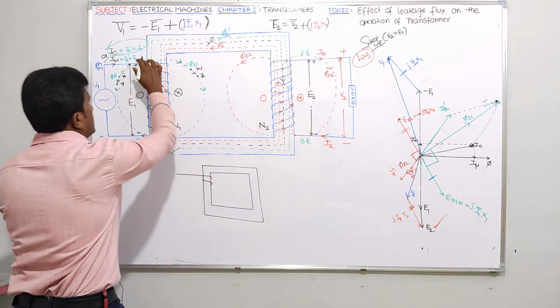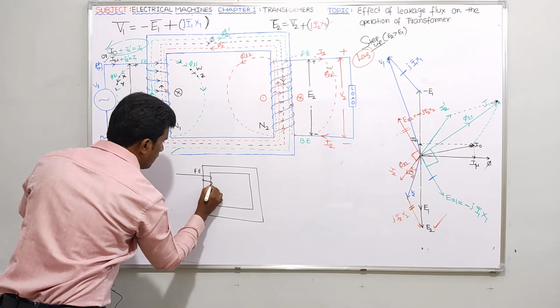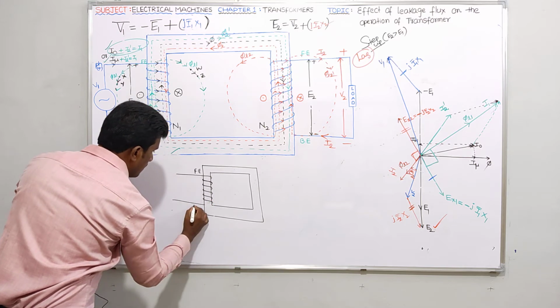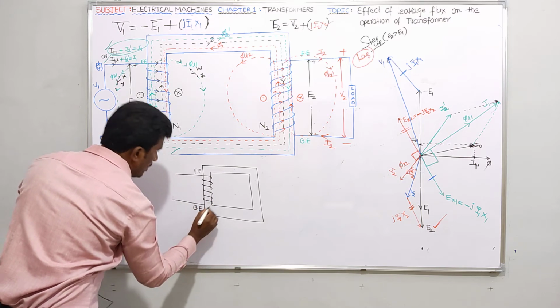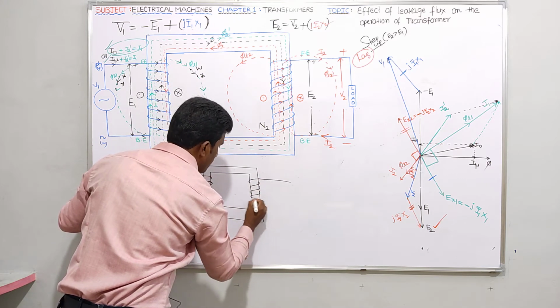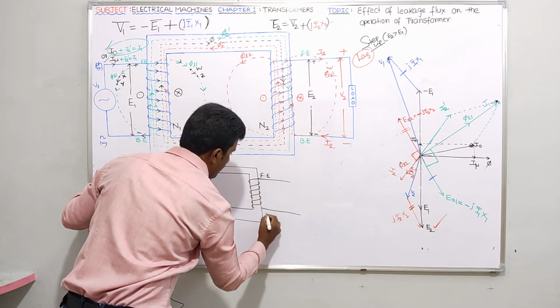I have taken secondary winding as same. Front end, back end, and here in this side, front end. And here it is the back end.